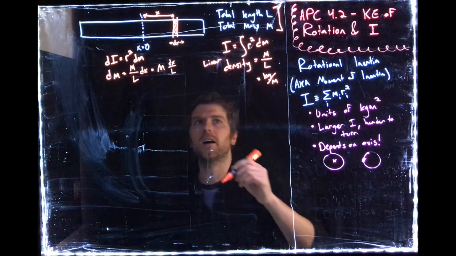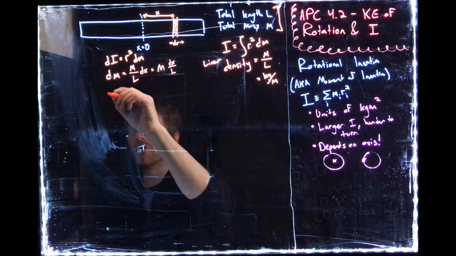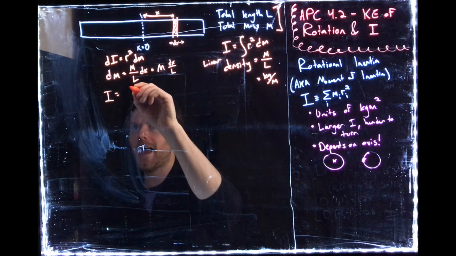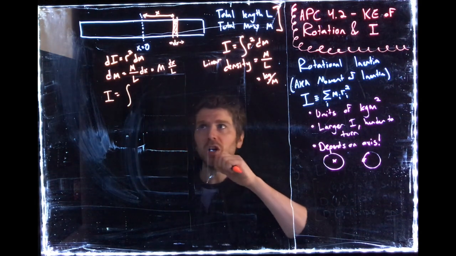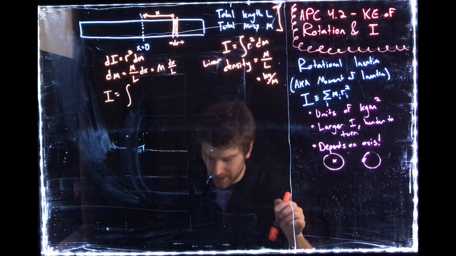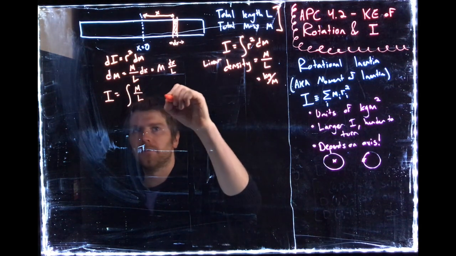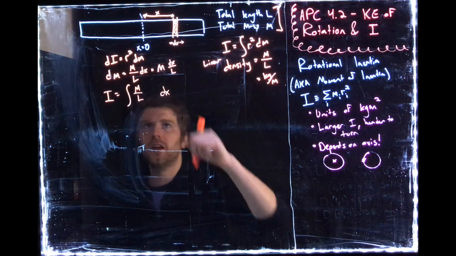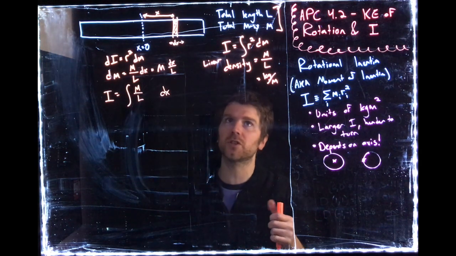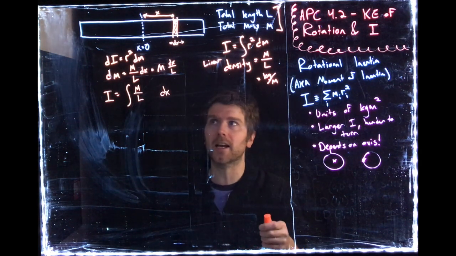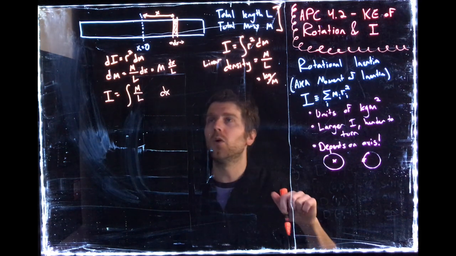In this case, this actually allows me to set up my integral to find the I, because I'm adding up all of these little slices. So each slice has a mass of M over L dx. And what's its radius? Because we're still effectively adding up all of our m r squareds.